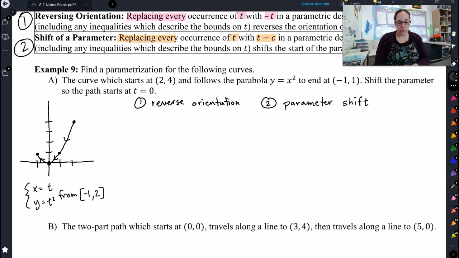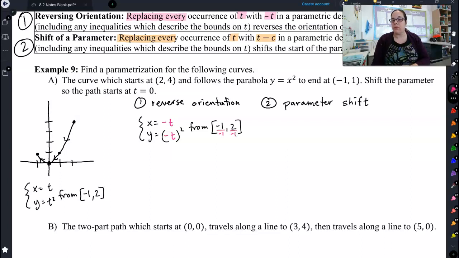So I am going to replace every t in this problem with a negative t, including the bounds. So that means all the bounds, I'm going to divide them by a negative 1.